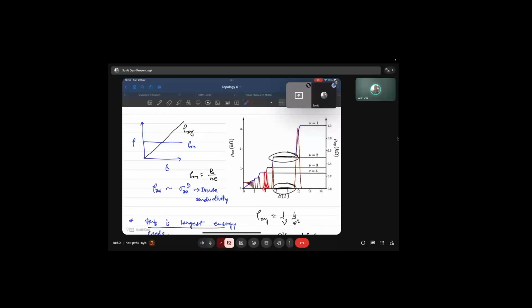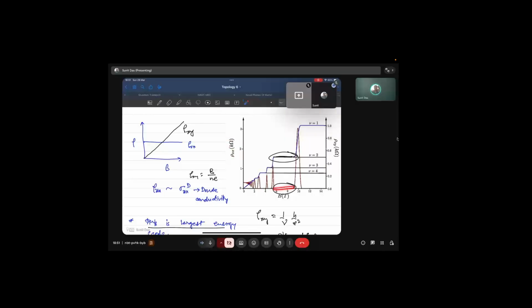These peaks appear whenever the Landau levels cross the Fermi energy. So let's say if I have a Landau level somewhere here and the Fermi energy is also here, your density of states are like this. There is a mobility edge, and because of this mobility edge the electrons get mobile and conduct electricity in the longitudinal direction as well. So this is what explains the peaks in the longitudinal resistivity, this part.